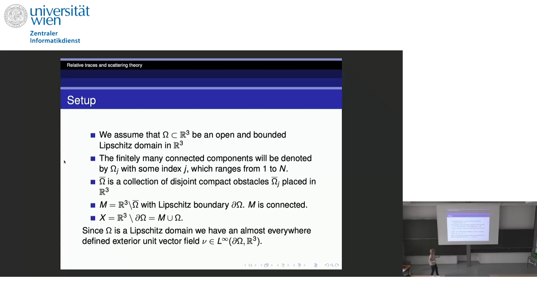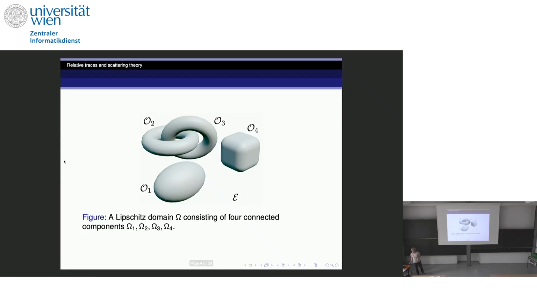We assume that they're disjoint just for simplicity's sake. M, for the purposes of today's lecture and pretty much in all of our papers, is the exterior domain. Omega is the interior domain, and it has a boundary. Okay? We also have an everywhere defined unit normal.